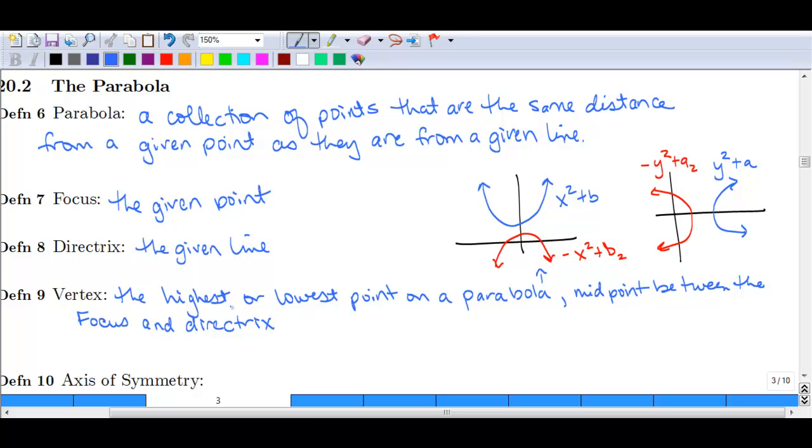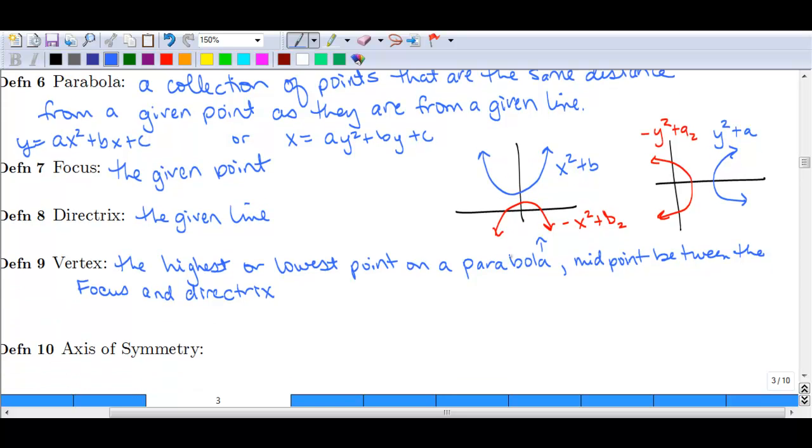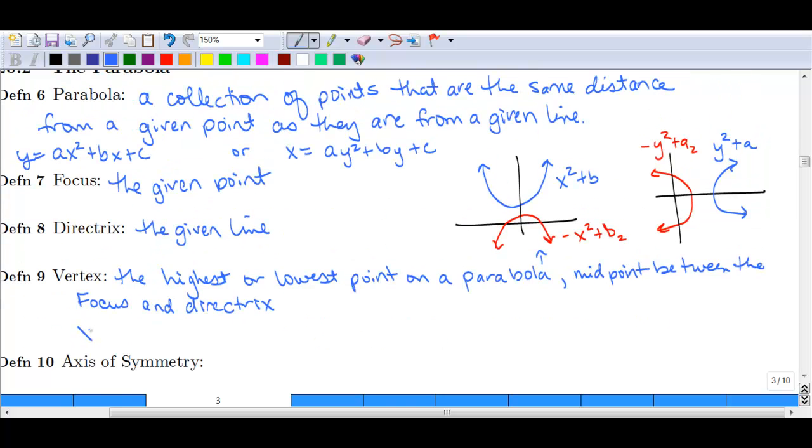So, if we recall, the standard form for a parabola is either ax squared plus bx plus c if we've got one of these up and down facing parabolas, or x is equal to ay squared plus by plus c if we've got one of these left or right facing. If we're dealing with an up and down facing parabola, then our vertex has the x location of x is equal to, again looking here, negative b over 2a.